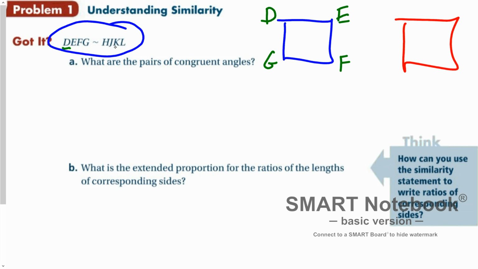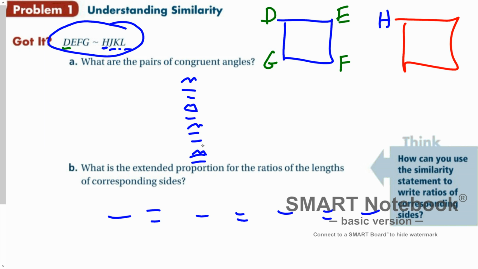So D would start with H, right, corresponding. So H would be here, and then I would go clockwise. J, K, L. And that's how they match up. Then do the corresponding angles, and then do the proportions. All right, 4 proportions, 4 corresponding angles. There you go. Sorry for the longer video, but that is it. And we did just past 5 minutes, so under 6.